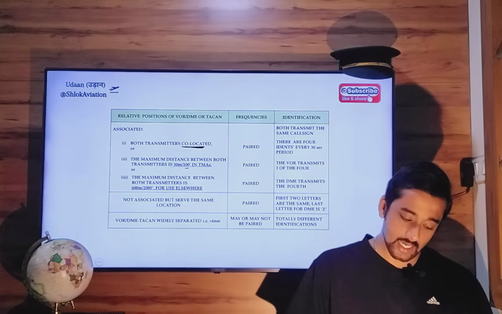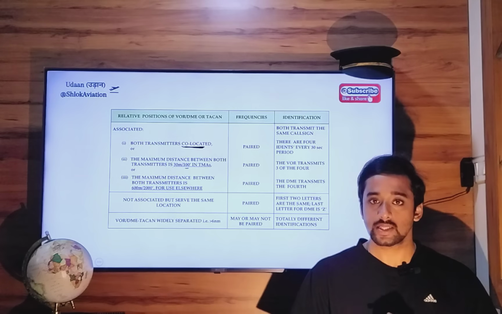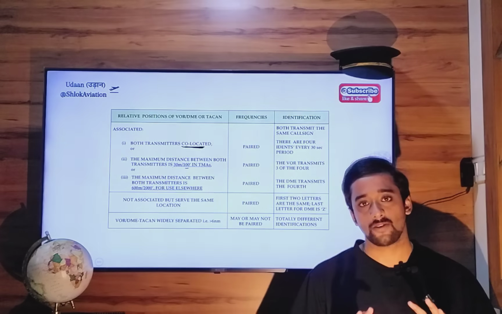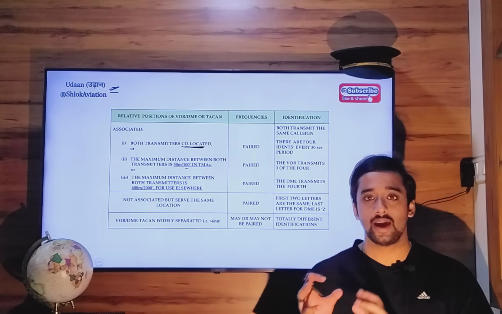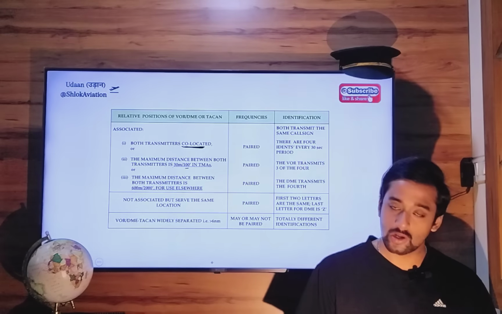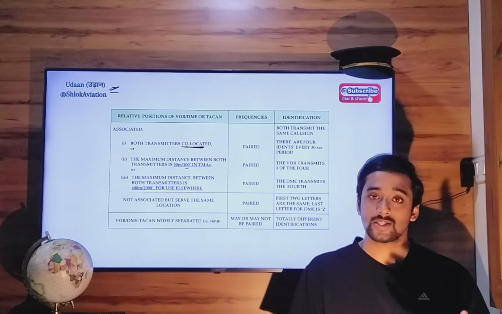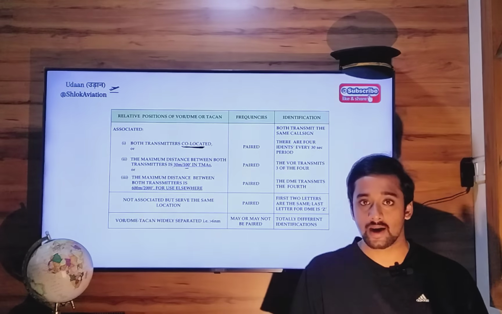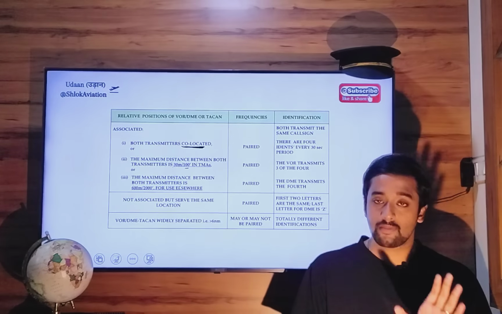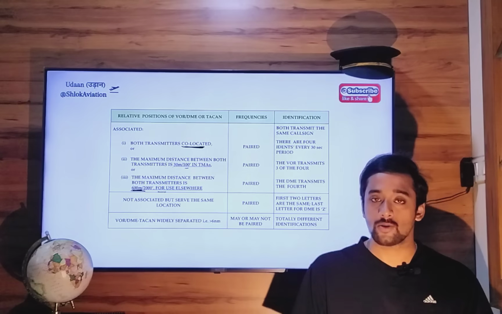But now the question says it's en route airspace. So en route is not terminal. En route airspace is beyond terminal airspace. So first we have airport aerodrome traffic zone, then we have terminal area, then we have en route or area control. So the maximum separation between those transmitters in en route airspace is 600 meter or 2000 feet.